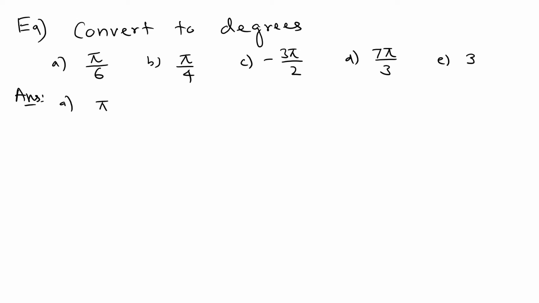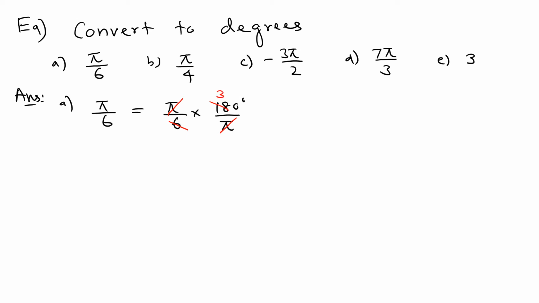So pi over 6. So it's pi over 6 radians. So we know that 1 radian equals 180 over pi. So we write it so that the pi and pi get cancelled. So you can see they're going to cancel out. And then 6 is going to cancel with 18. So it's 3.